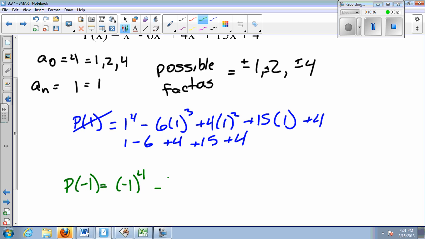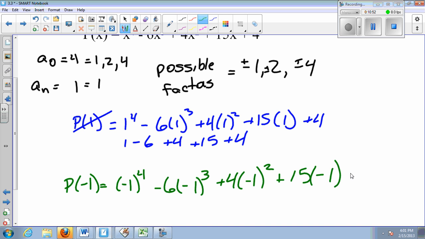Negative 1 to the 4th minus 6 times negative 1 cubed plus 4 times negative 1 squared plus 15 times negative 1 plus 4.